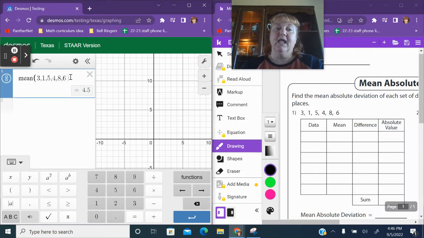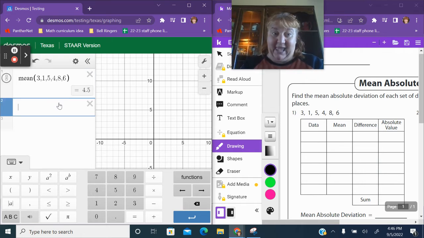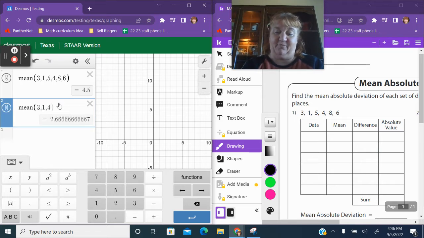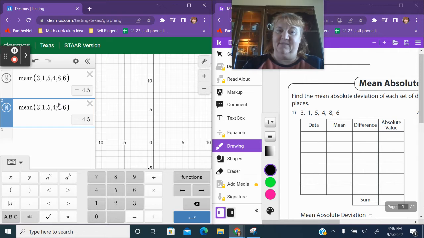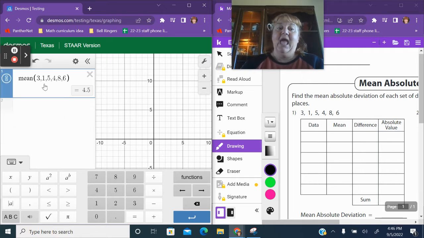Okay. Now I have my mean. I didn't have to do all the adding and dividing. It's right there in Desmos. You can just type in mean, parentheses, 3, comma, 1, comma, 5, comma, 4, comma, 8, comma, 6, and it does the same thing, okay?